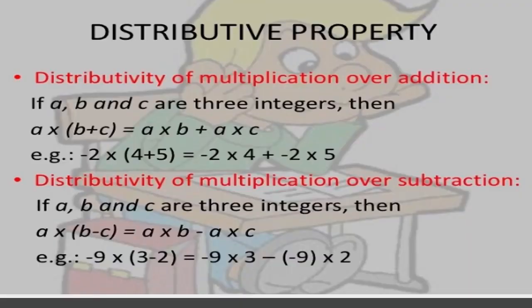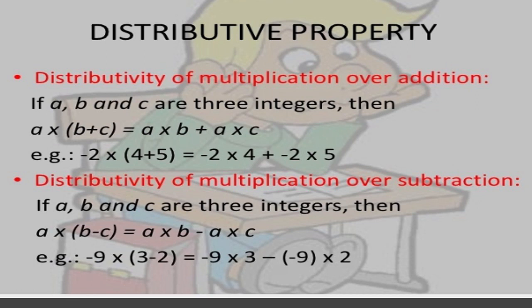Distributive property. Distributivity of multiplication over addition. If a, b and c are three integers, then a into b plus c is a into b plus a into c. This is known as distributive property. This can be verified by taking three integers minus 2, 4 and 5.